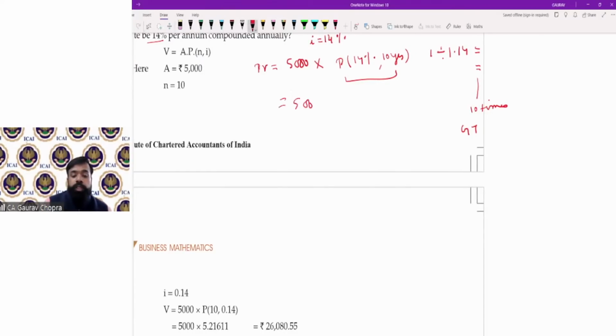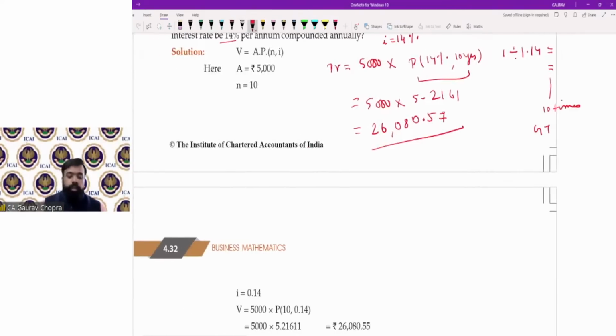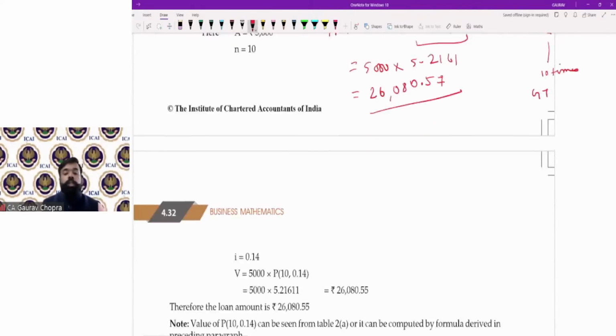So 5,000 multiplied by 5.2161. You will get 26,080. This is your answer. So this is your loan amount.